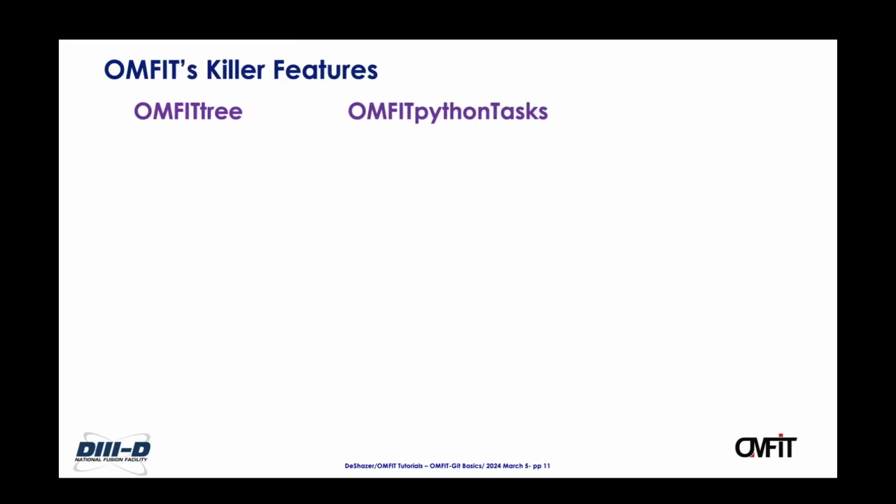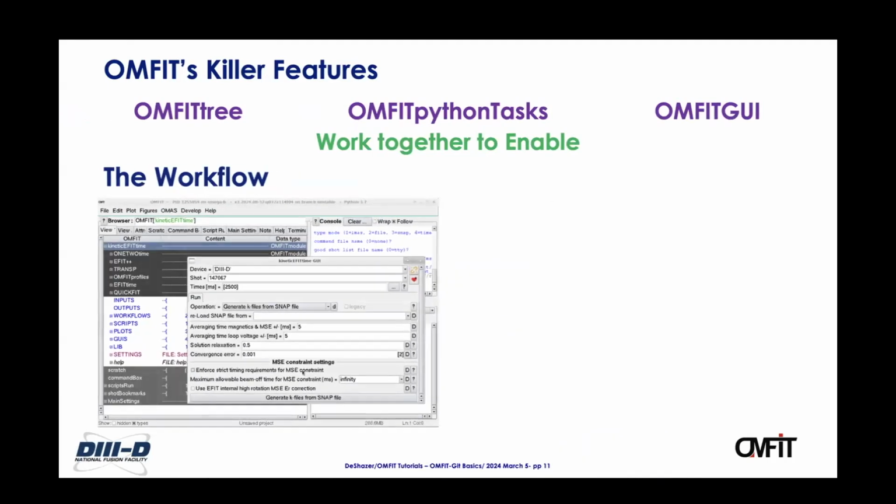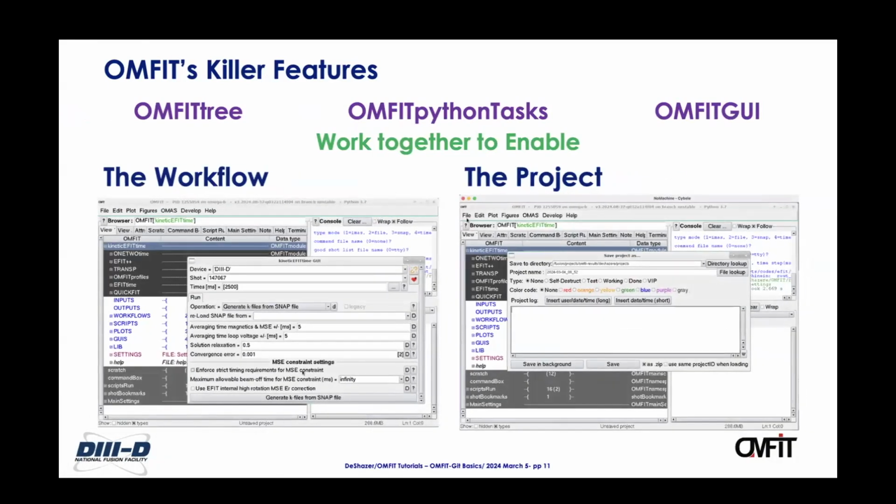And what it does is it leads to OMFIT's killer features. So you start with the OMFIT tree, which is your data model. You have your Python tasks, which give you powerful interactions with a minimal amount of thought, because if you know Python, you're going to be very familiar with OMFIT Python tasks, and you have this OMFIT GUI.